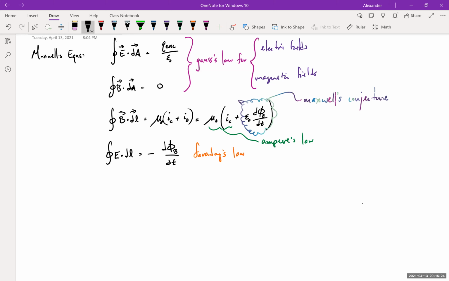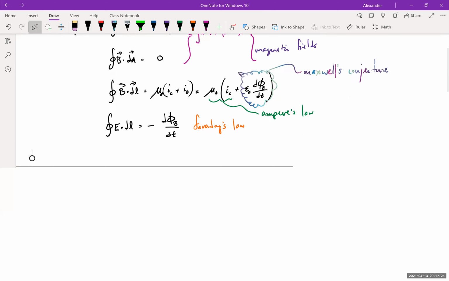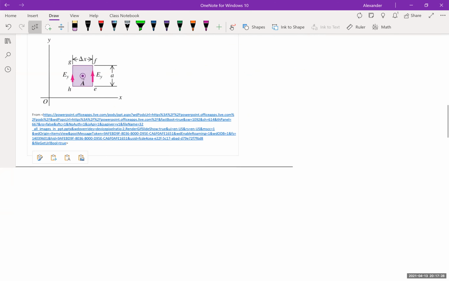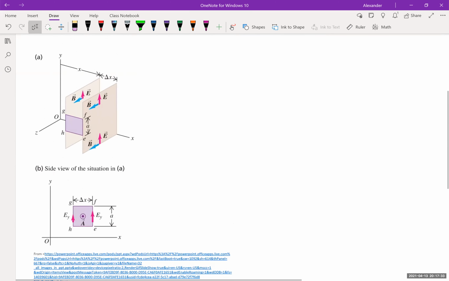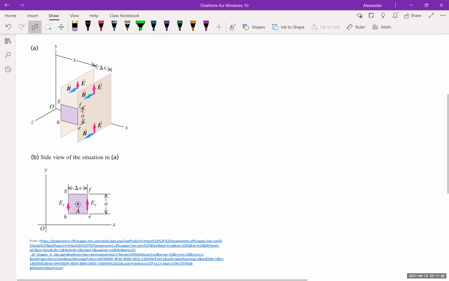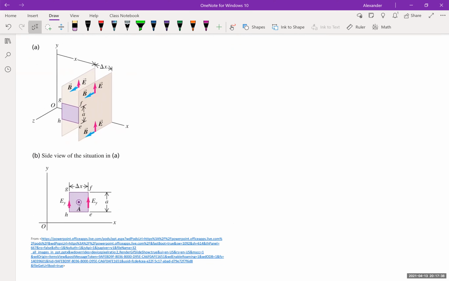All right. Suppose we consider two instances of the YZ plane that are delta x apart.